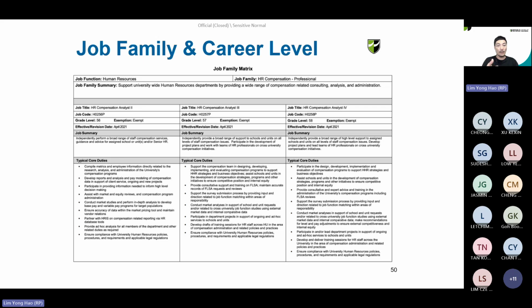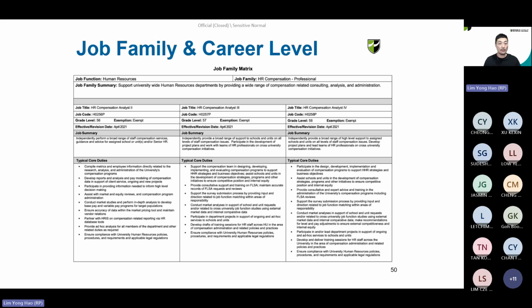So it's a bit of moving up the grade. Their grade level is that. It's an American example, where the grade level is 56, 57, 58. In Singapore organizations, you don't have such fine grade level distinction.